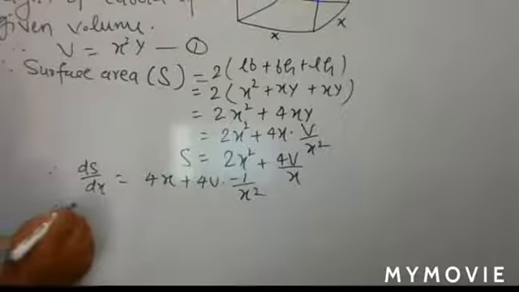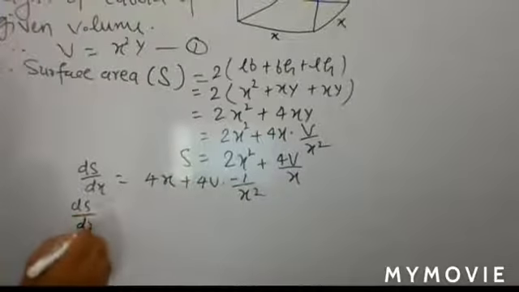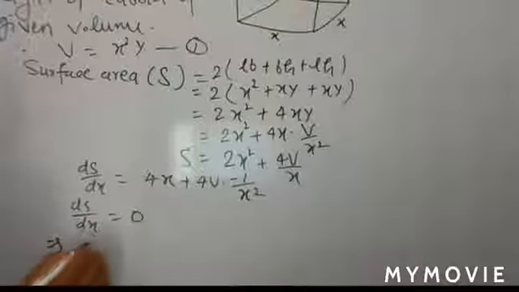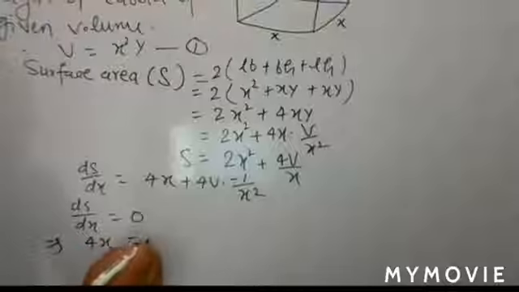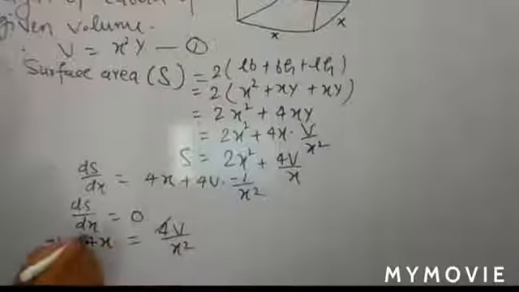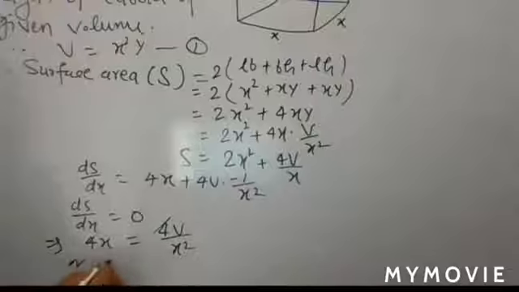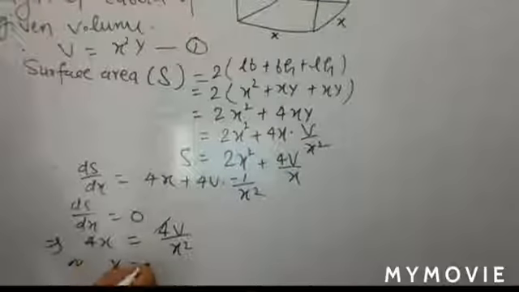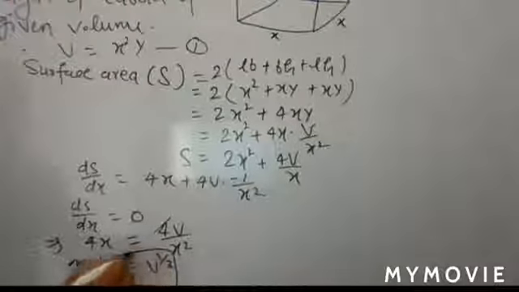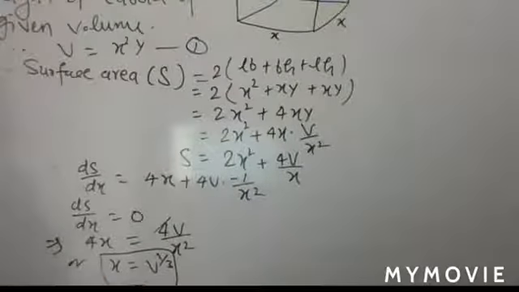Now taking ds by dx equal to 0, that can be written as 4x is equal to 4v by x square. So 4 and 4 cancel out, and here you have x is equal to v to the power 1 upon 3. So that gives the value of x.